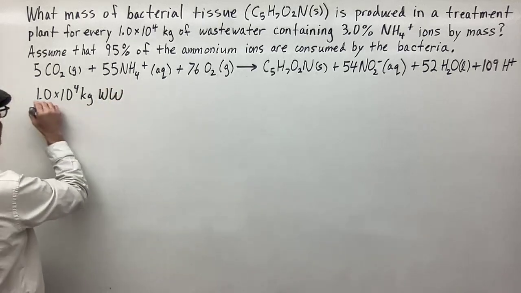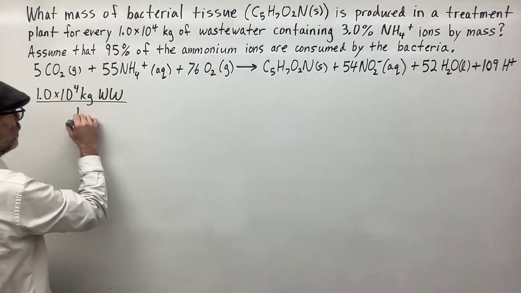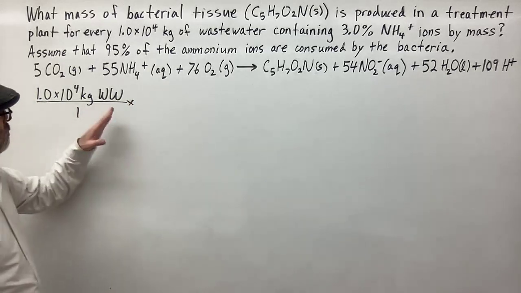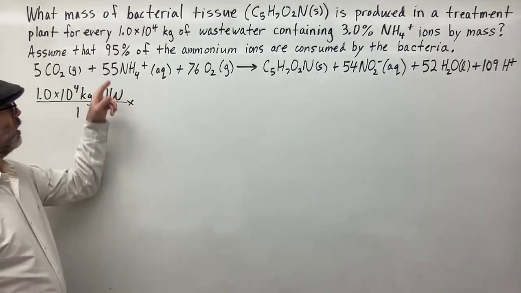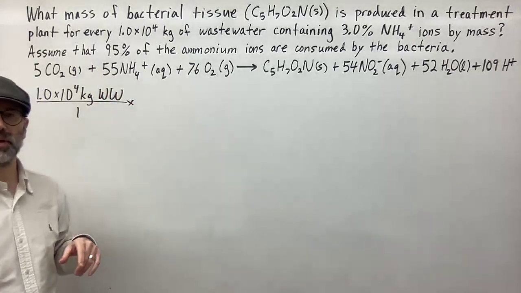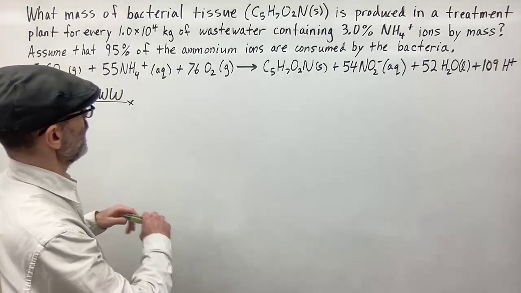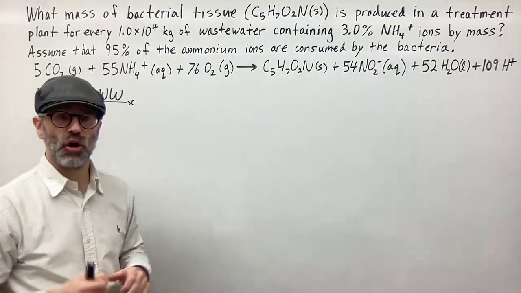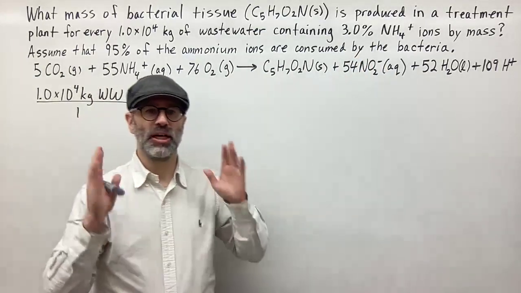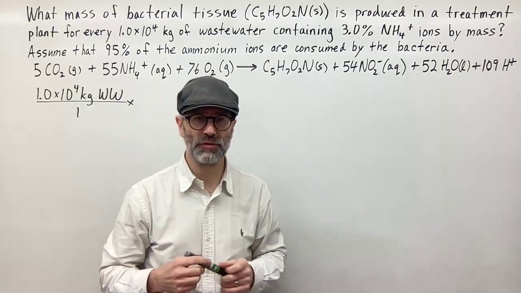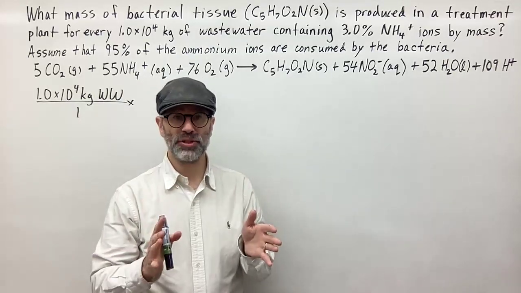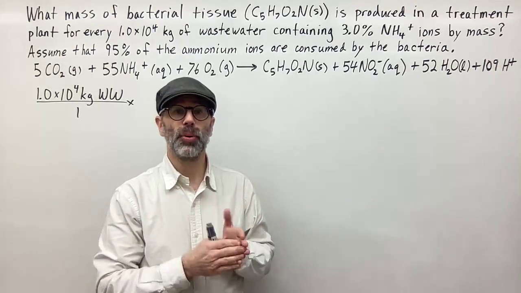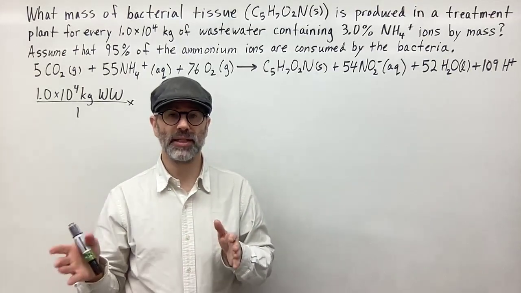I'm just going to put WW for wastewater. And I need to get this to ammonia. So what do they give me? They say that the wastewater contains 3% ammonium. So anytime they give you a percentage, that's going to be a nice conversion factor. We have to remember what a percentage is. A percentage means out of 100, per 100%.